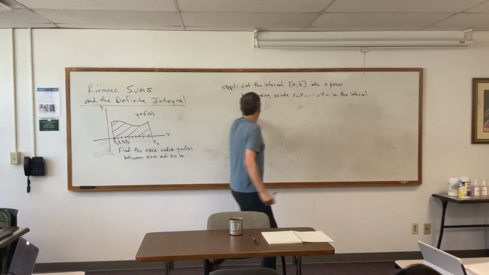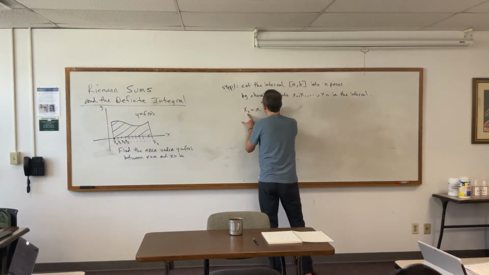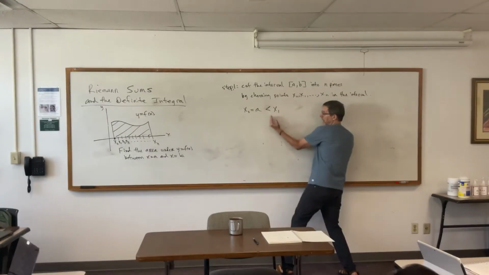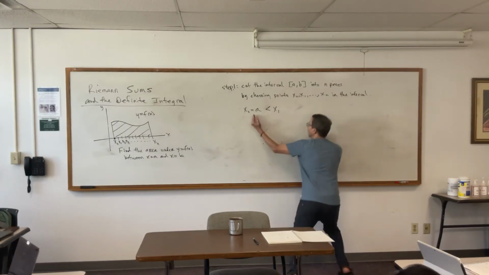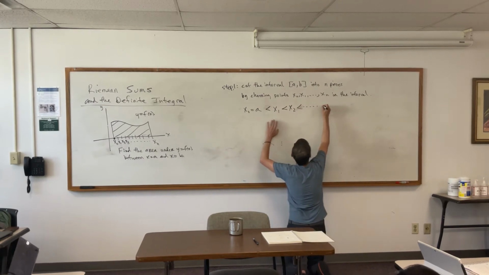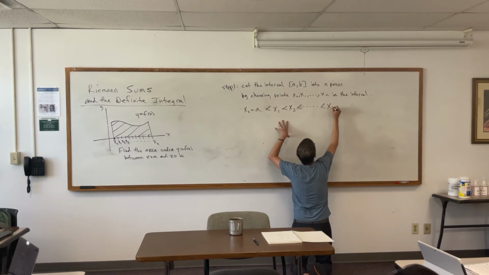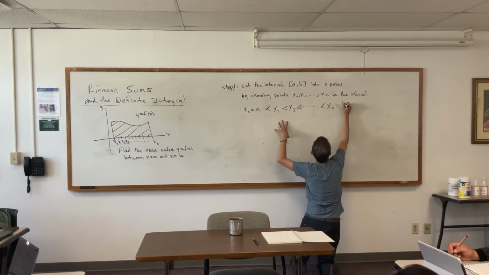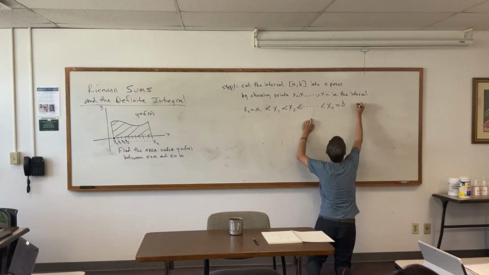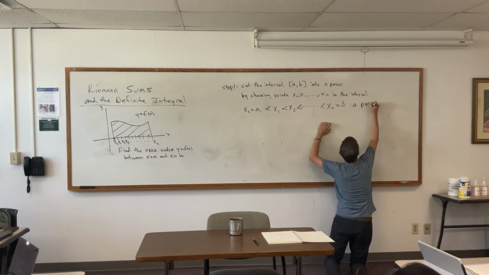So x naught is equal to a, and then x1 is a point to the right. That's a less than sign. So x1 is to the right of x naught, and then x2 is to the right of that. I go all the way to the very last one, which is b. It's the right endpoint. So this is a partition.